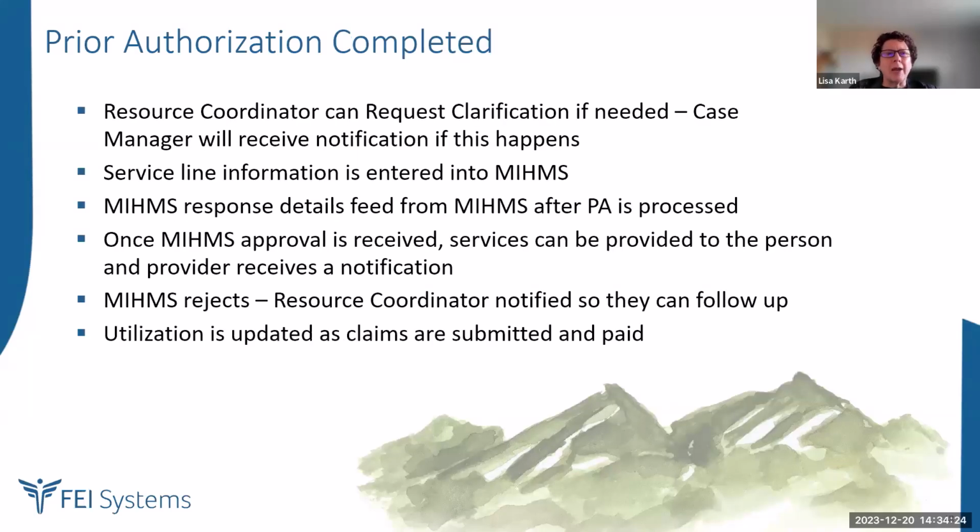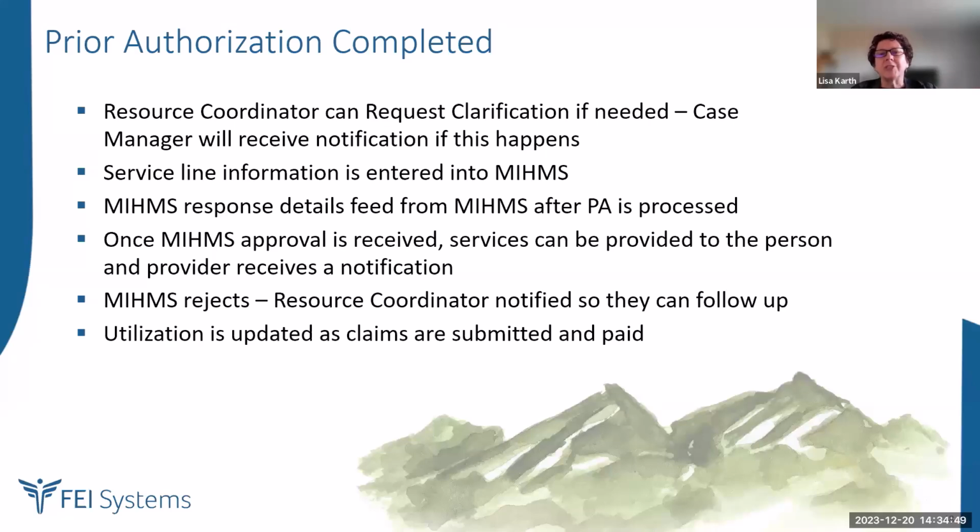So within this prior authorization, the form's been generated, you're reviewing it, you can request clarification if you would like to do so. Again, it's going to send this back to the case manager. They'll get a notification, they'll take a look at that and respond accordingly. And then they'll resubmit things.